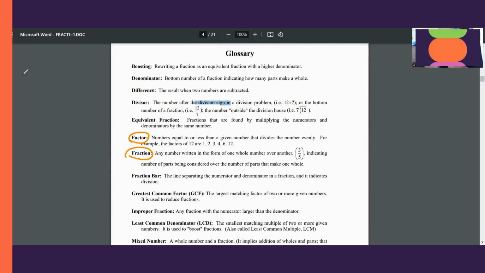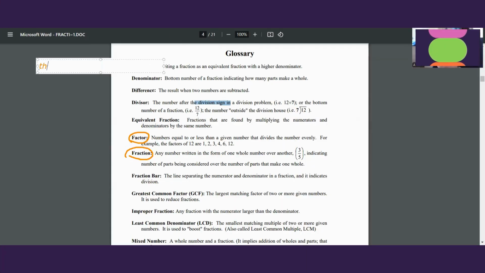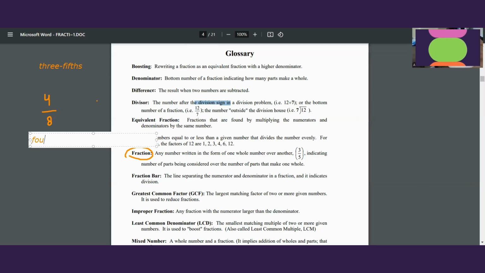So we will read it like 3/5. If I write 4 over 8, how would we read it? 4/8.